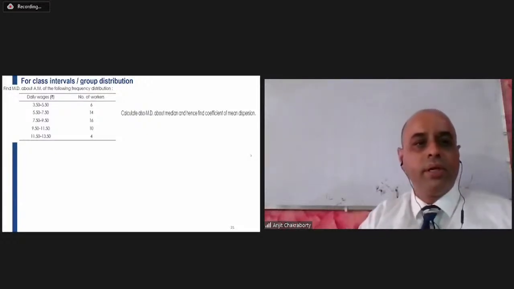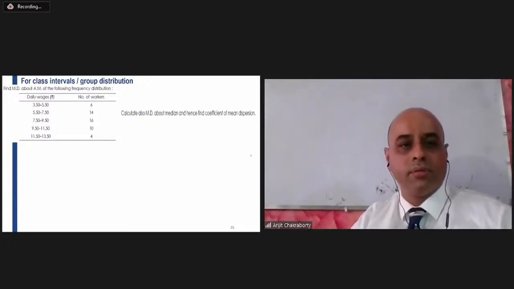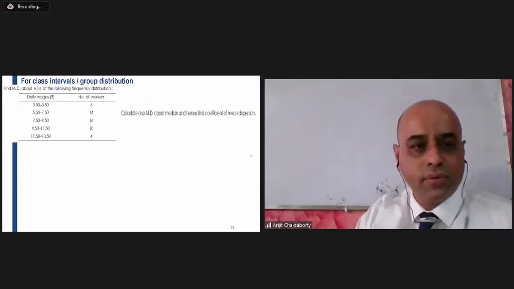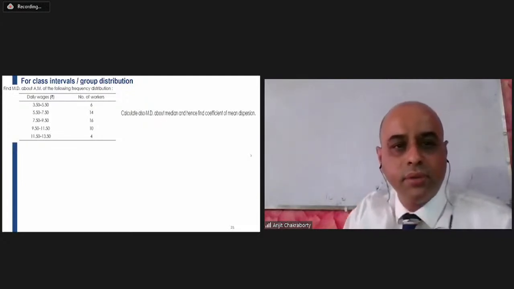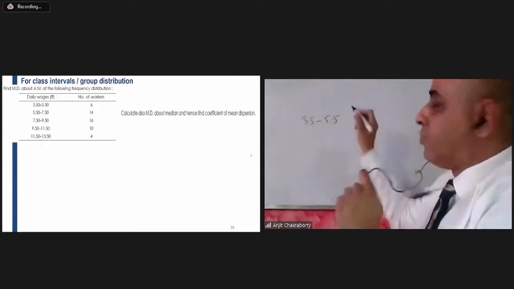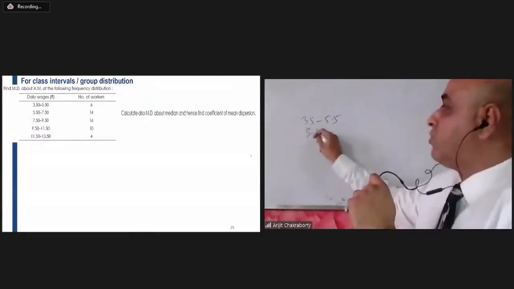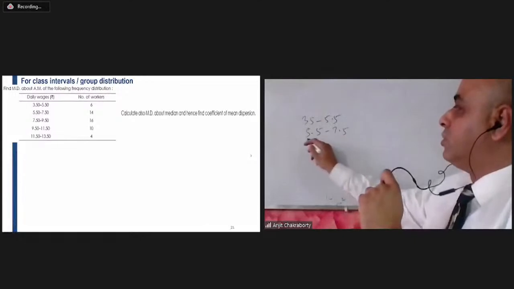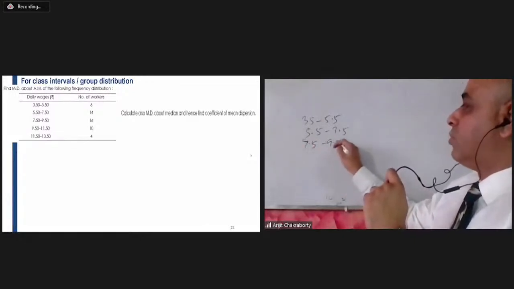So find MD and AM of the following frequency distribution. So 3.5 to 5.5, it's a continuous frequency distribution. Please note, we are trying to calculate median first. Let us take median. So 3.5 to 5.5, 5.5 to 7.5, 7.5 to 9.5.